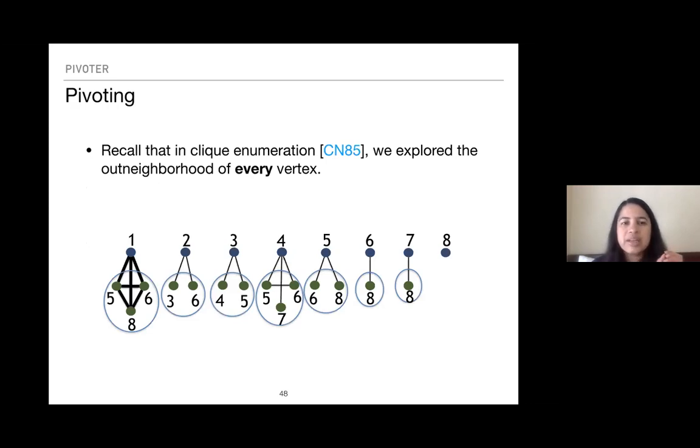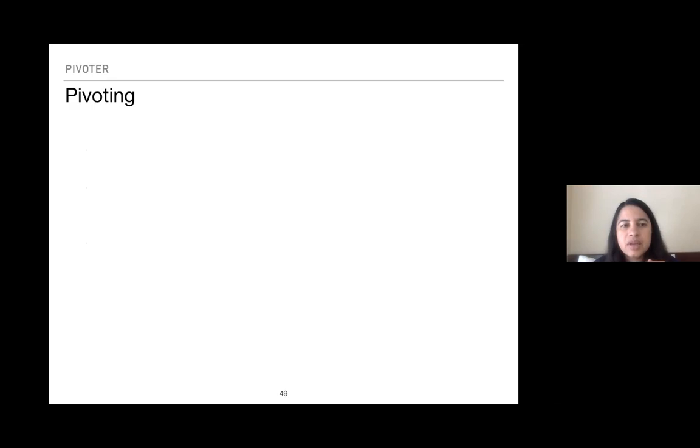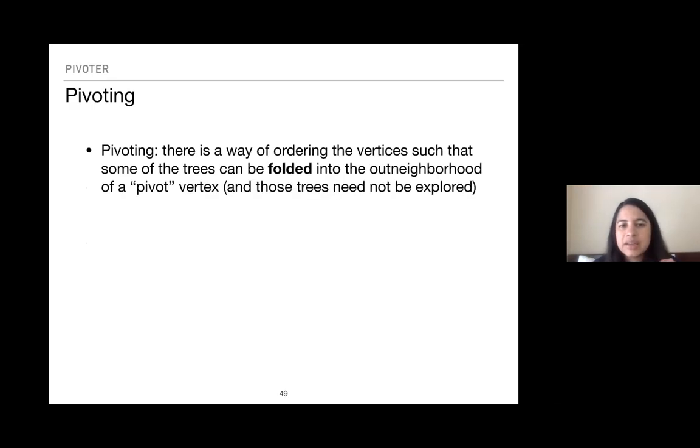Recall that in clique enumeration, we explored the out neighborhood of every vertex. Pivoting says that there is a way of ordering the vertices such that some of the trees can be folded into the out neighborhood of a pivot vertex. And those trees that were folded in need not be explored. I'll explain what I mean through an example.